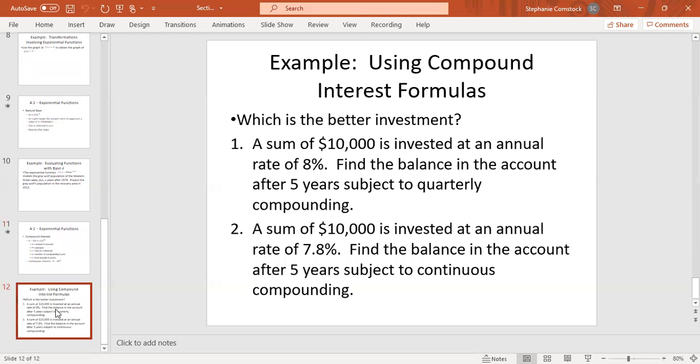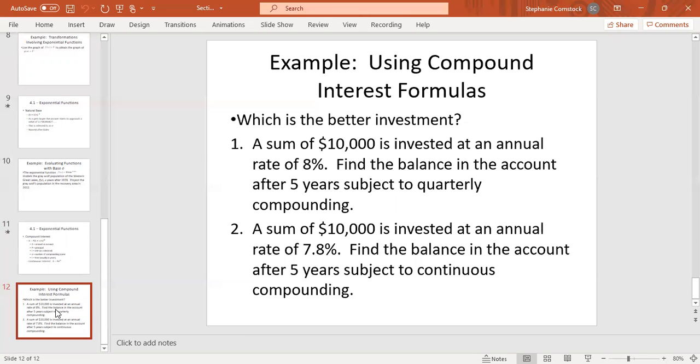So now what we're going to do is compare investments. They ask, which is better? We've got a lump sum of $10,000, so I'm going to write these down. That means P is 10,000. We have a rate of 8% and they're doing 5 years, so t is going to be 5, and then we're doing quarterly compounding, so n is 4.